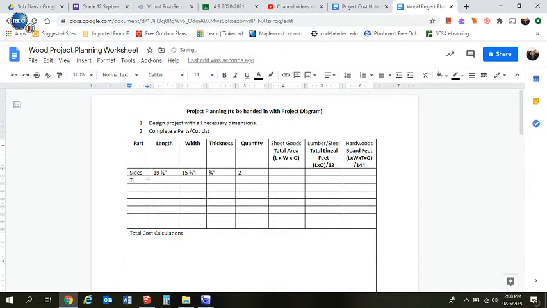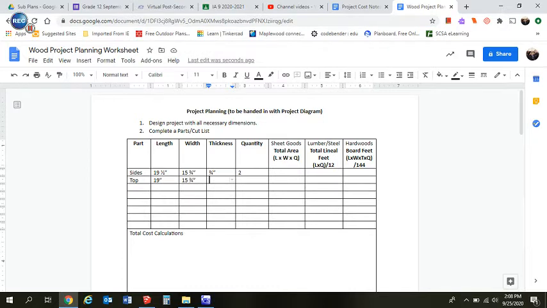Next, let's go with the top, which would be the next biggest. So the top is 19 inches wide by 15 3/4 inches. Now, starting to notice a pattern here.